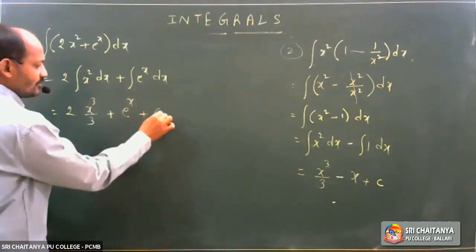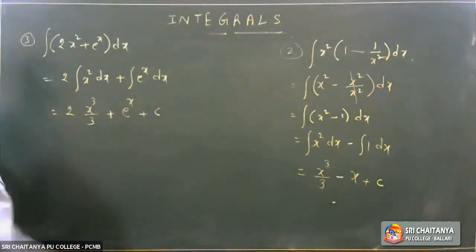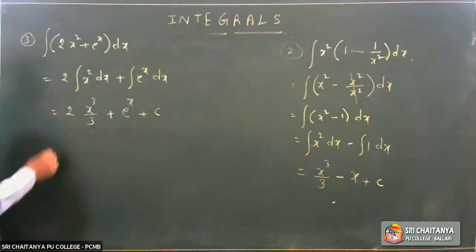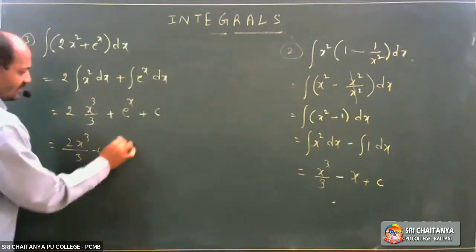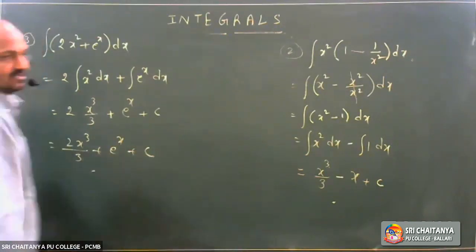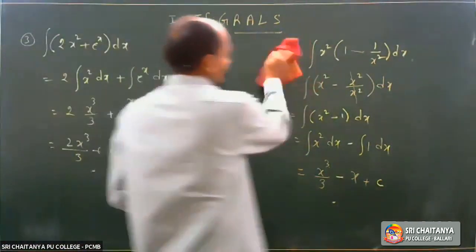It is e power x only. Plus c compulsory, it is indefinite integrals. So it is 2x cube by 3 plus e power x plus c.